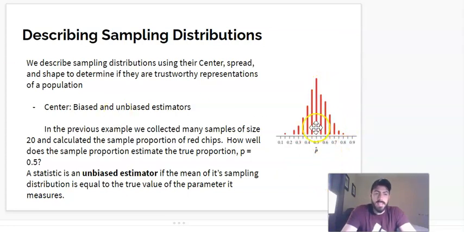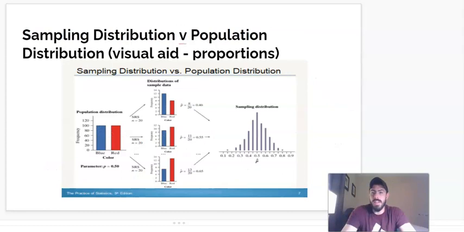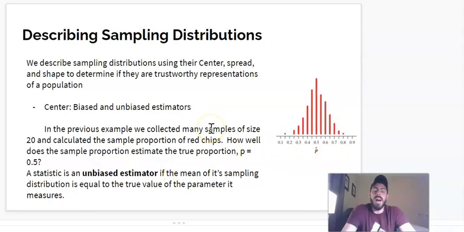Since that is true when compared to the actual population distribution, half of the marbles were in fact red, we can refer to this as an unbiased estimator. Basically, a sampling distribution where the mean of whatever statistic we were gathering provides us with a good, precise prediction of whatever it was we were trying to predict, then we call that an unbiased estimator.